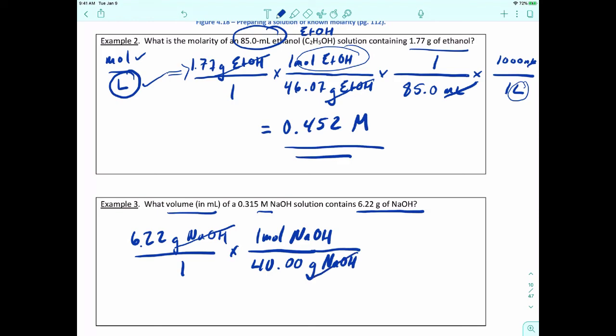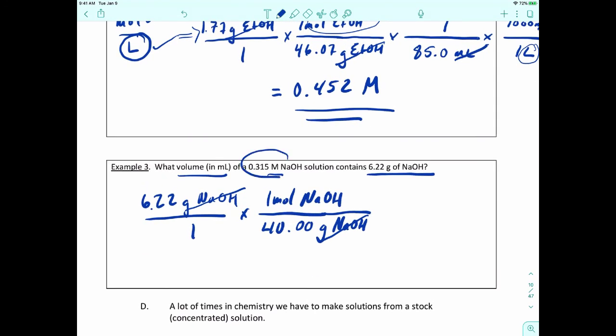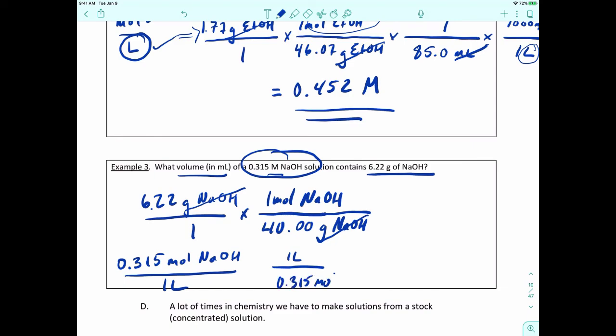Now, we need to get to volume. And so we're going to use this molarity as a conversion factor. So the way we're going to write this is we're going to say 0.315 moles of NaOH over 1 liter. We could also write it as 1 liter over 0.315 moles.